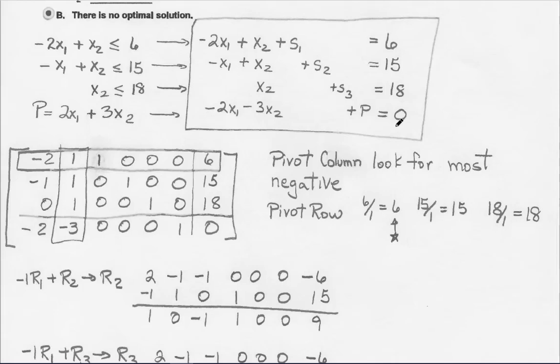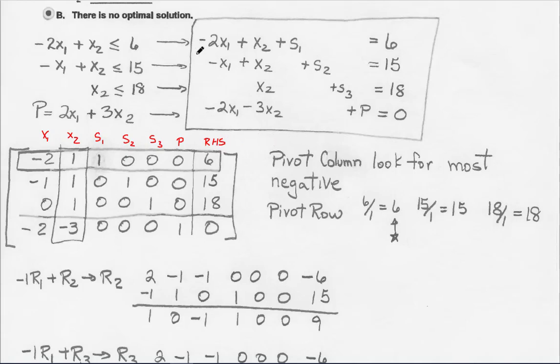Now carefully we make our matrix. So this is the column for x1. This is the column for x2, s1, s2, s3, p, and the right hand side.